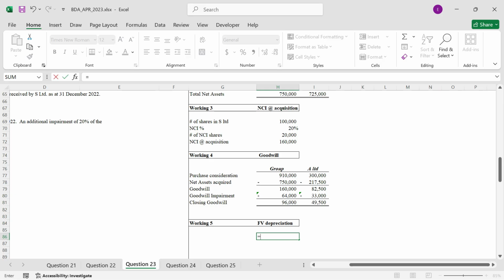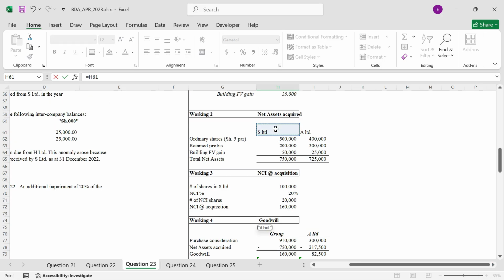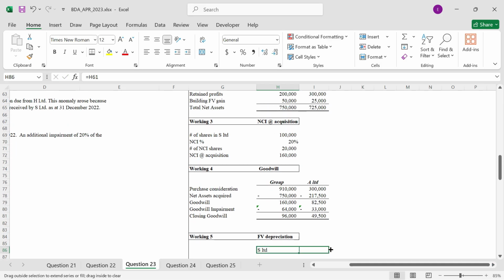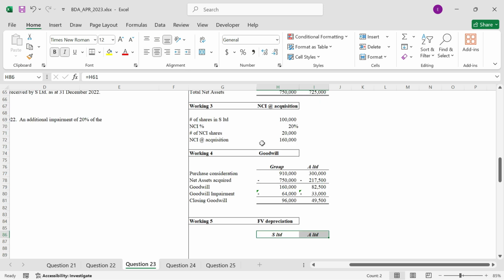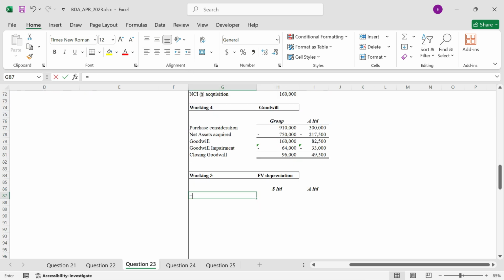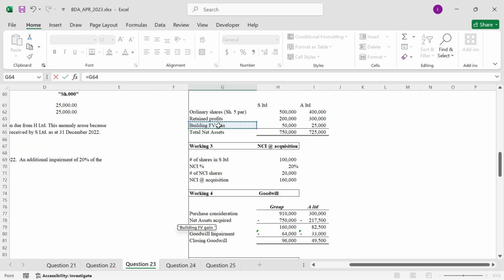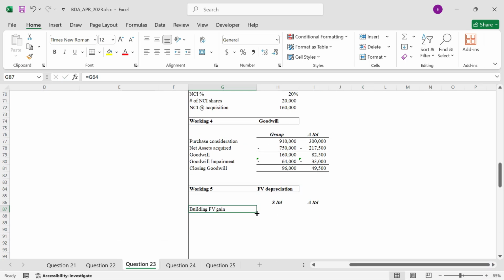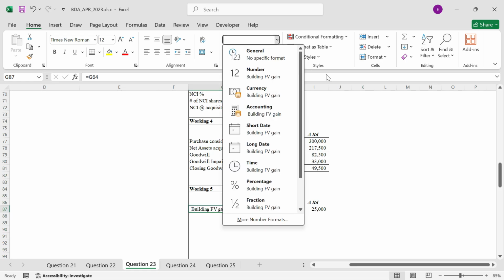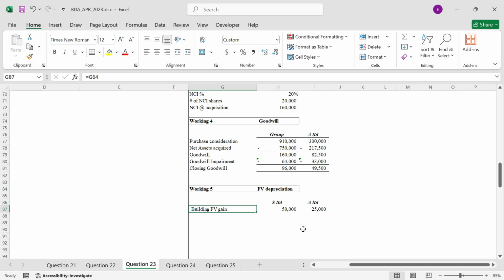Again, I want to account for both S and A. So I have the fair value gain was 50,000 for S and 55,000 for A. But then we are told this depreciates at a rate of 2% per annum.